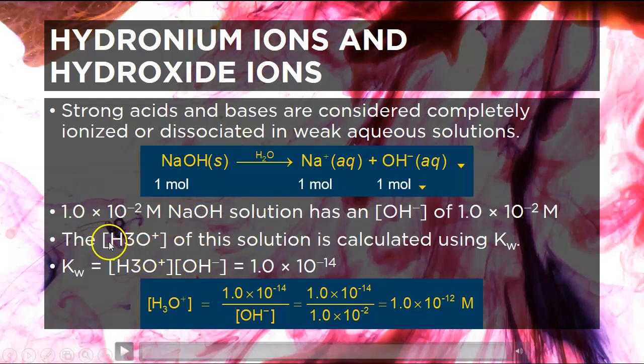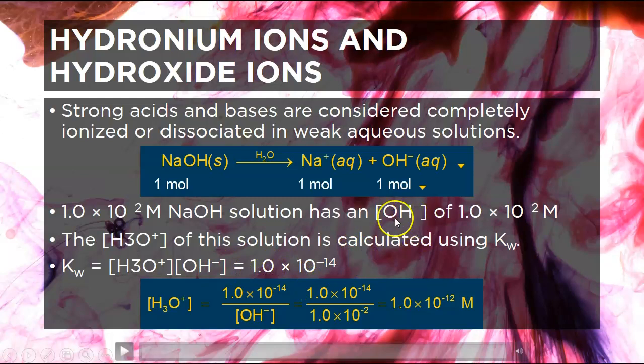And we can calculate the hydronium concentration by understanding that my Kw equals hydronium concentration times hydroxide concentration, and it always equals 1.0 times 10 to the negative 14th.